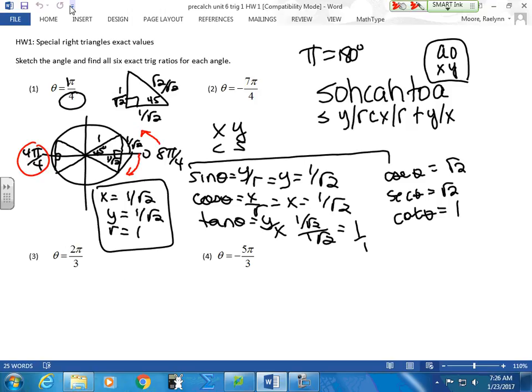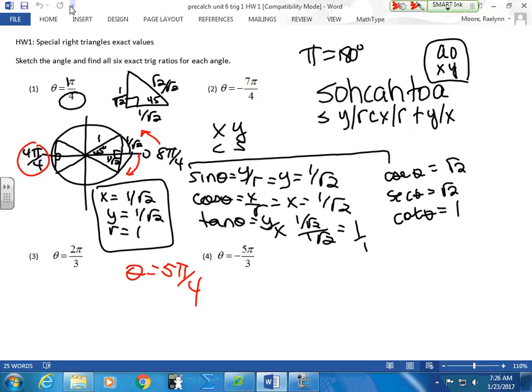Let's do this one. I know it's not there, but let's do this one. Where would I find 5 pi over 4? Third, because they come all the way around. This is my reference point, 4. One before it would be 3 pi over 4. One after it would be 5 pi over 4.